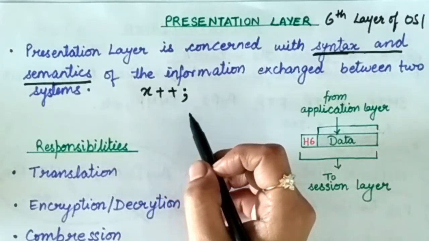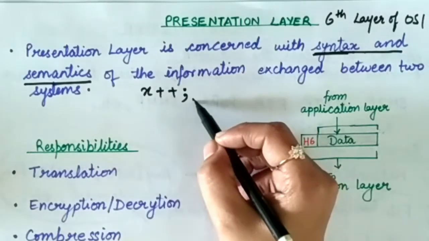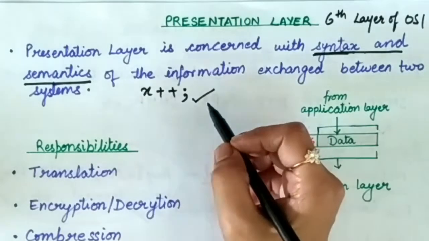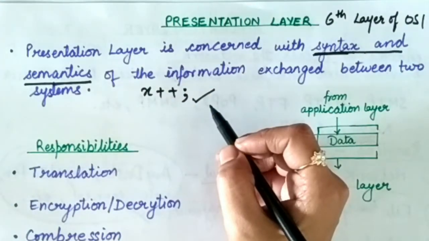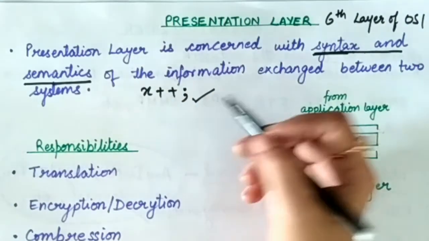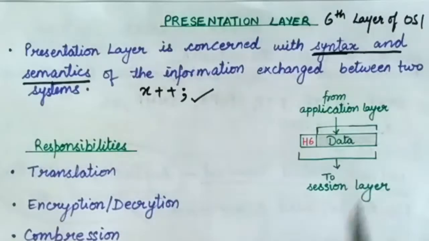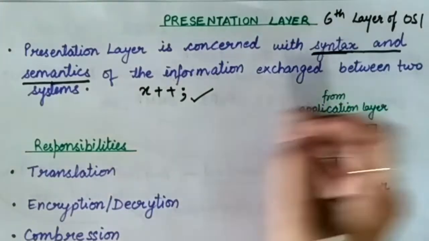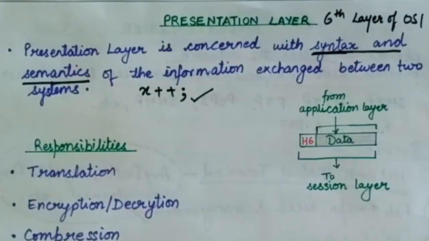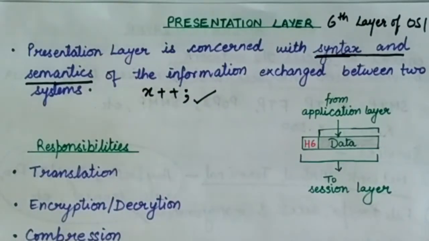This statement has no meaning according to the C language. So this statement is syntactically correct, but semantically it is not correct. It will give an error. So this is syntax and semantics. Thus, whenever two systems exchange information, they must follow syntax and semantics, which is the responsibility of the presentation layer.